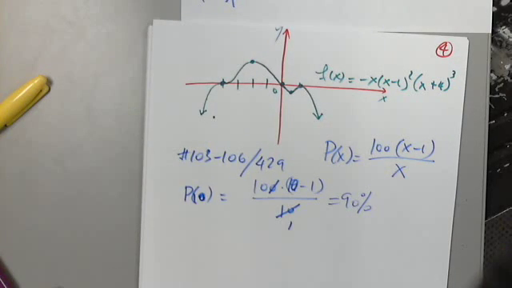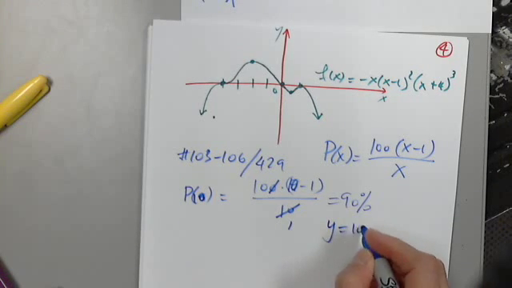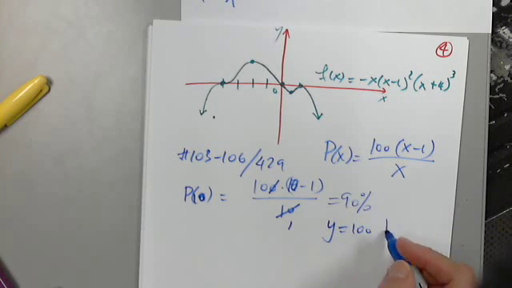So P of 9 will be the exact same idea. What is the horizontal asymptote of the graph? You already told me. Y equals 100%, or 100, is the horizontal asymptote.